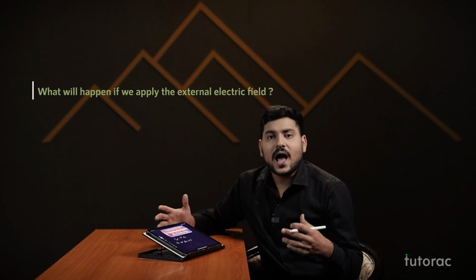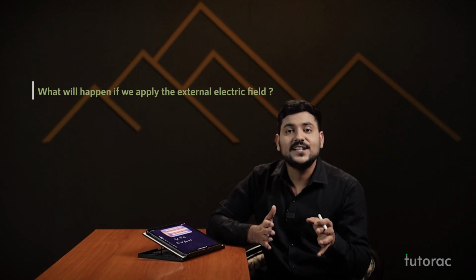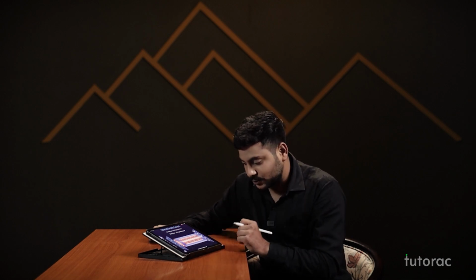Now, what will happen if I apply an external electric field? Let's see. Here you can see I have applied two plates, one negatively and one positively charged. Due to this electric field, the electrons will travel from the negative plate to the positive plate.